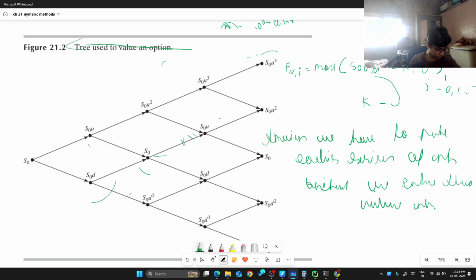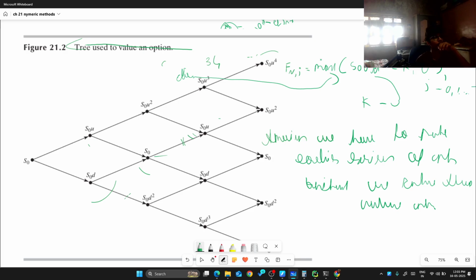Let me tell you how. So let's say the option price at this node is 34, and after discounting the payoff in this way, the stock price is 34.